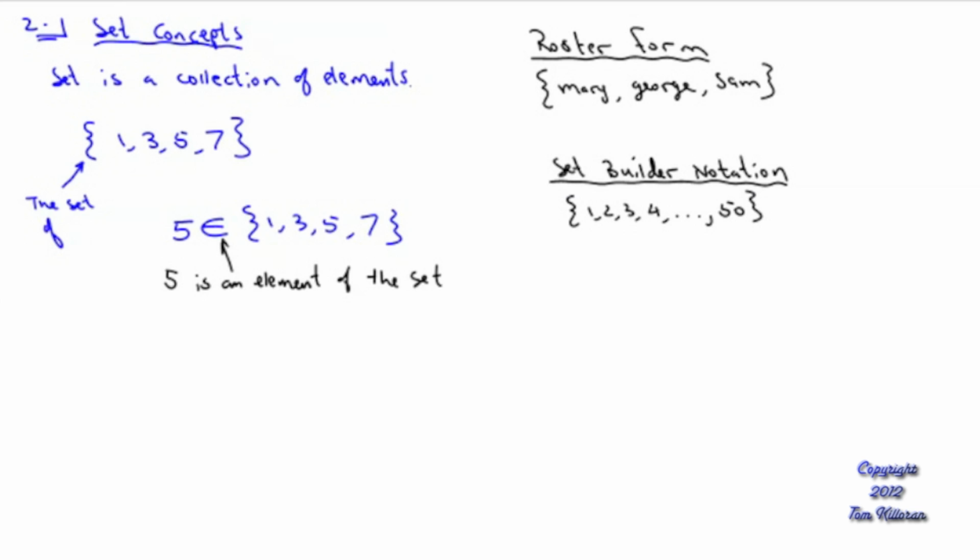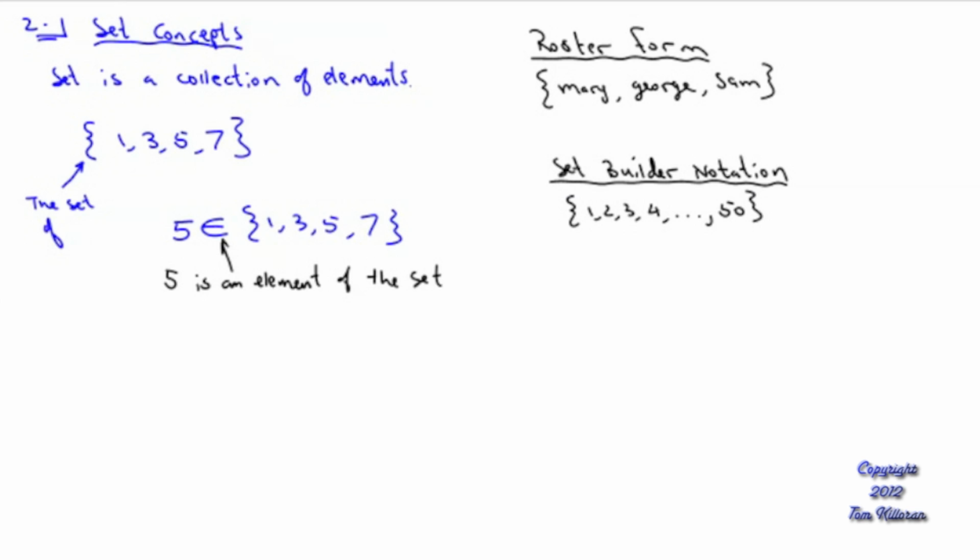It's more of a descriptive form. You kind of get an idea of what's going on. It starts off with 1, 2, 3, 4, and you have these ellipses here. Now the ellipses that we talked about last week were off to infinity. But these ellipses are just saying something's missing, and then we stop at 50.